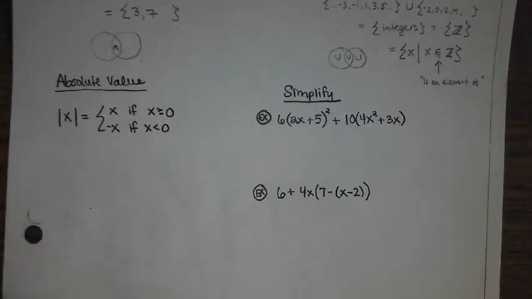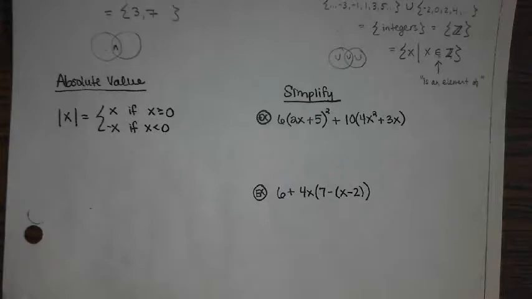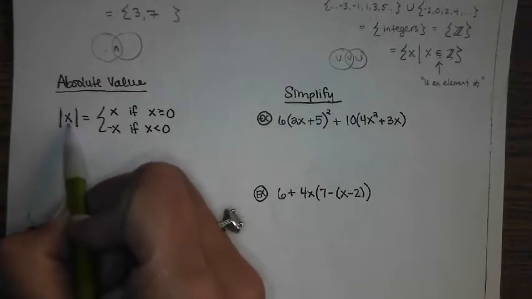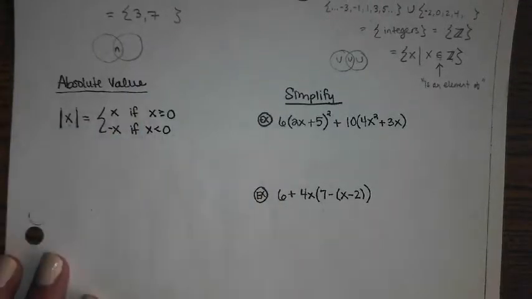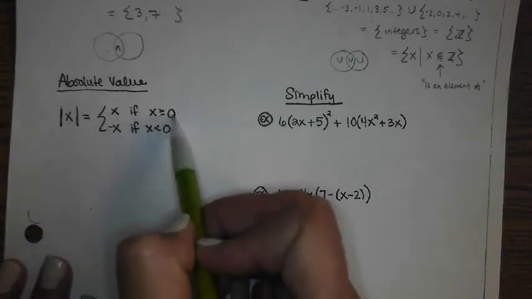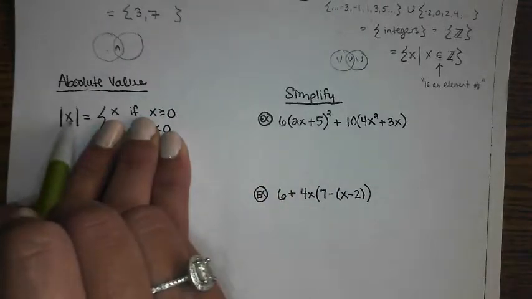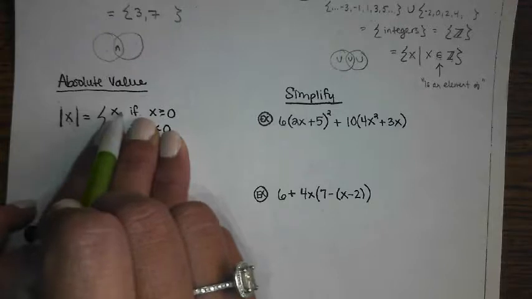All right. Absolute values. You all know what this is. Here it's just written in this set notation. So what is the absolute value of x equal? It's kind of a piecewise function type notation. Okay? So if x is greater than or equal to 0, so if x is 5, then the absolute value of 5 is just 5.